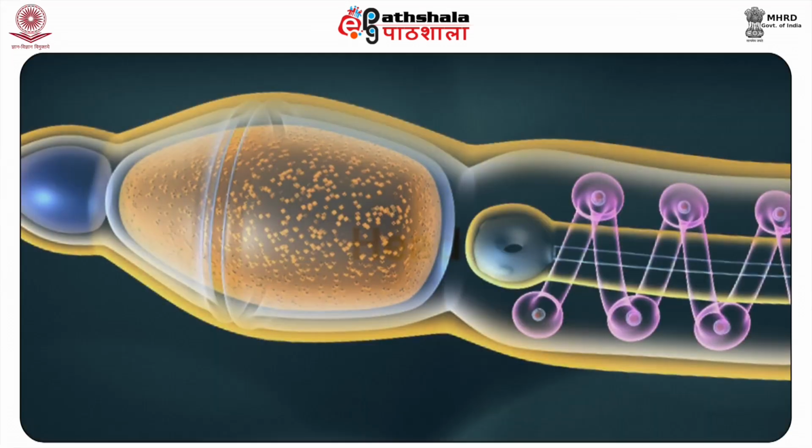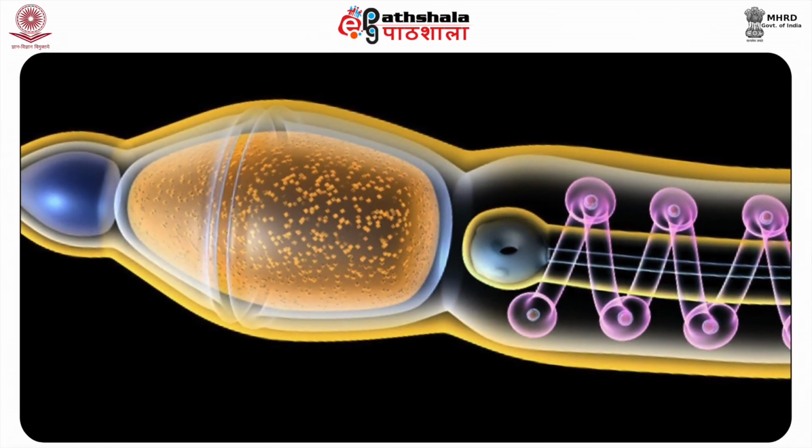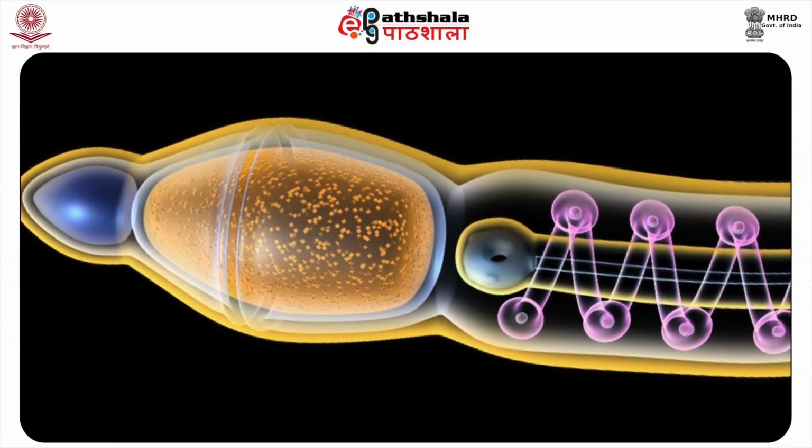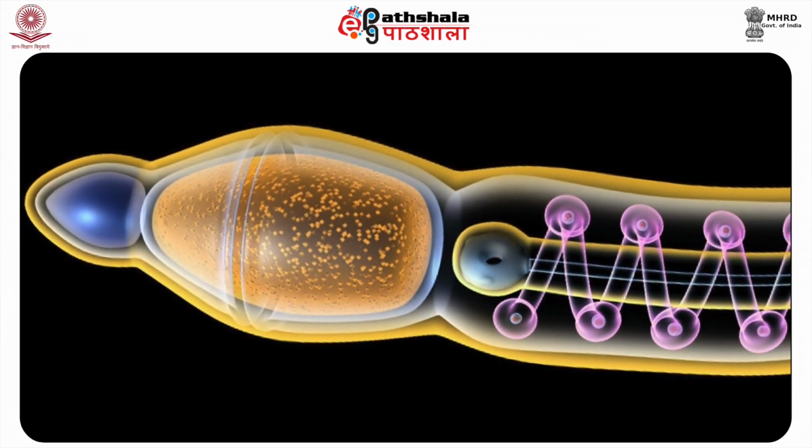The head. It is spherical in shape, consisting of a large nucleus and a dome-shaped acrosome present on the nucleus. Its function is that the nucleus contains the genetic information and half the number of the chromosomes.